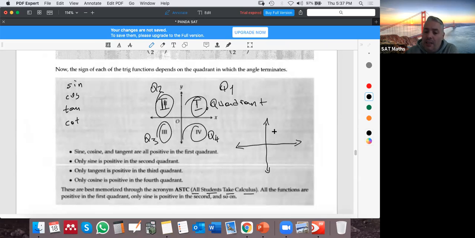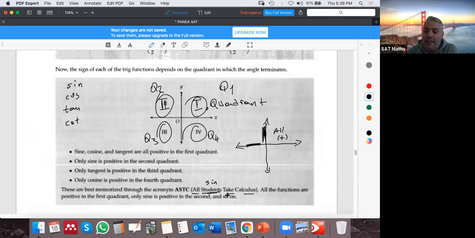All means in the first quadrant, all of them are positive: sine, cosine, tangent, cotangent, secant, and cosecant. In the second, students, S for sine, only sine is positive, but cosine is negative. Tangent is sine over cosine, cotangent is cosine over sine. That means only sine is positive, all the others negative.